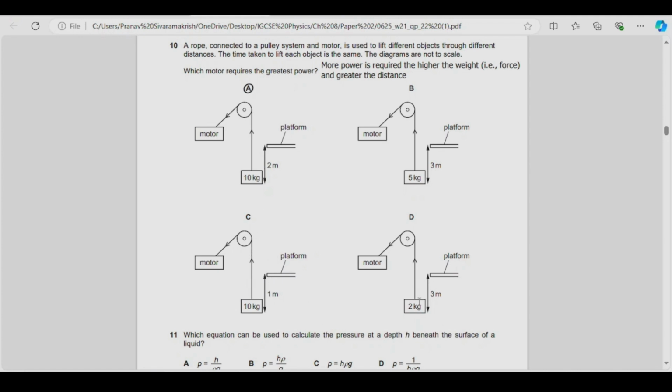And in the last case, you have an even lower mass, 2 kilograms, moving 3 meters. So if 5 kilograms moving 3 meters was not enough to match this scenario, then 2 kilograms moving 3 meters will not be. So I'm not going to bother with the calculation, which means A is the scenario where the greatest amount of energy is transferred, and because all of them transfer energy in a similar period of time, A has the greatest power.